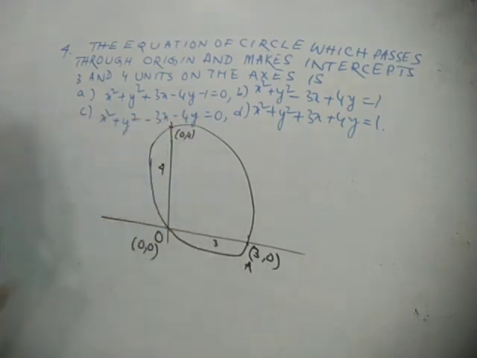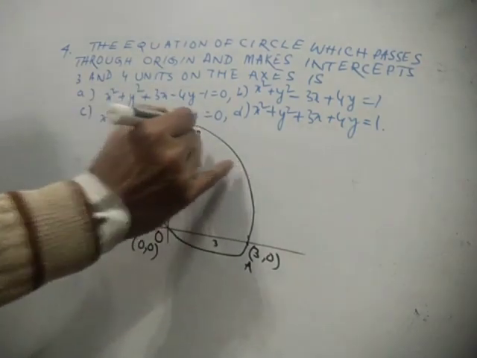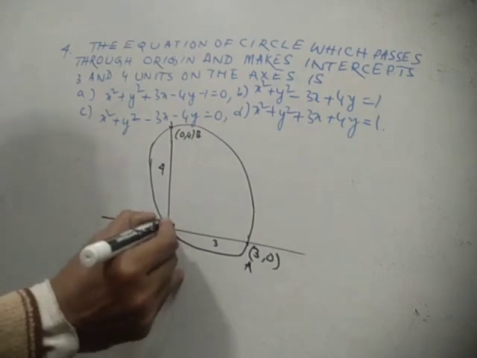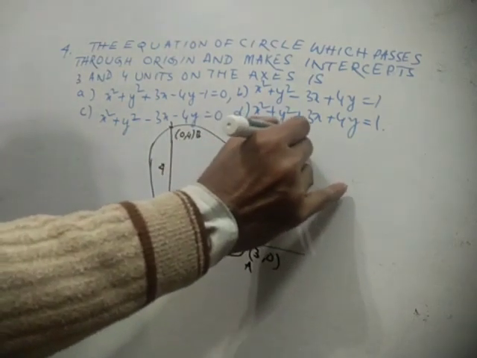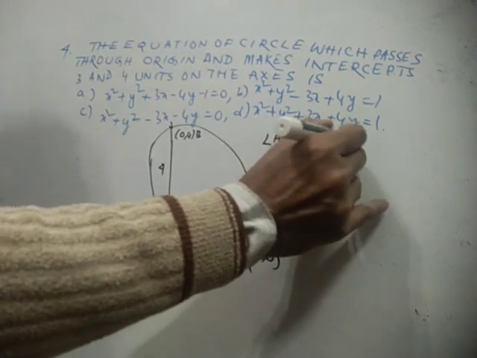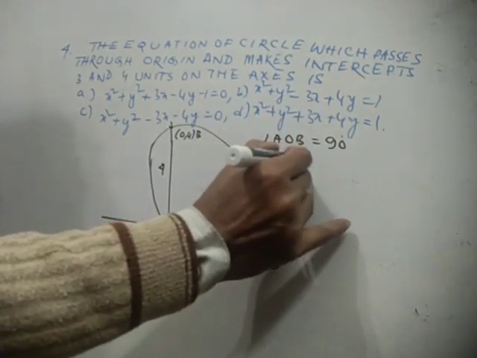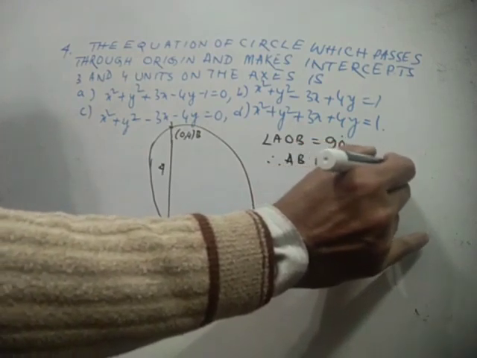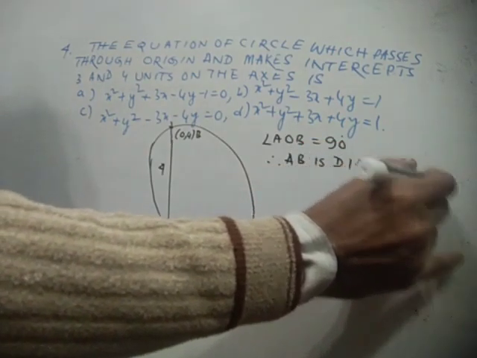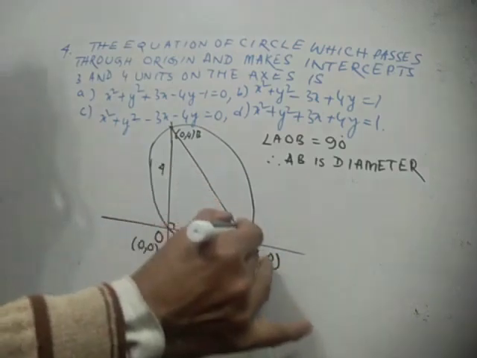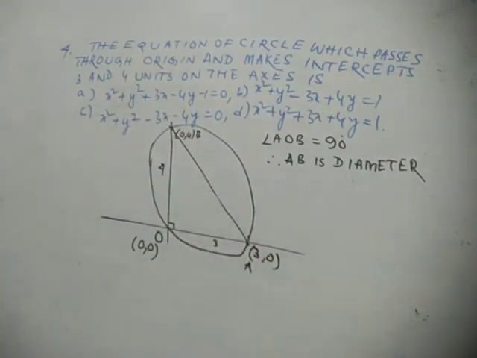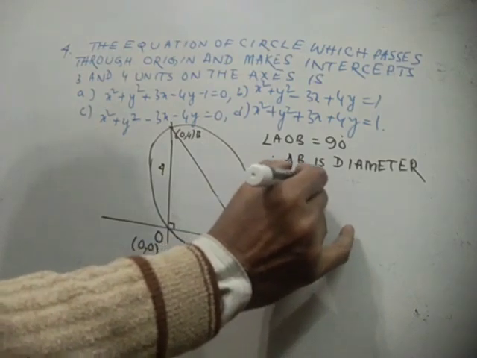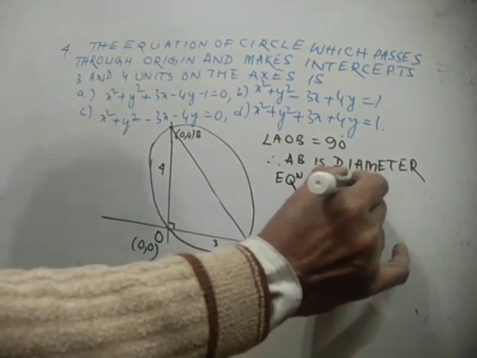Similarly, where it cuts the y-axis, it is already at one point on the origin, and the other point will be 4 units away, because the y-intercept is given as 4 units. So on the y-axis, the point B is (0, 4). Here we note both axes meet perpendicularly at 90 degrees, so angle AOB is 90 degrees. Therefore, AB is the diameter, since a semicircular angle of 90 degrees means AB is the diameter.